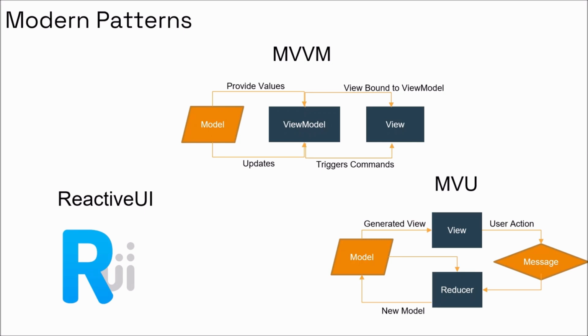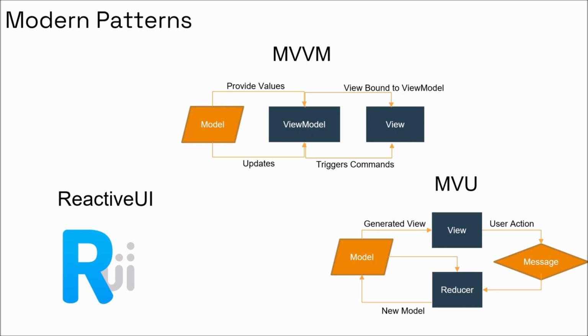With model view update, you can have a unified way to build your cross-platform native front-end from a single code base. But the default built-in architecture is the model view view model, and you can find some examples also in the essential part of MAUI.